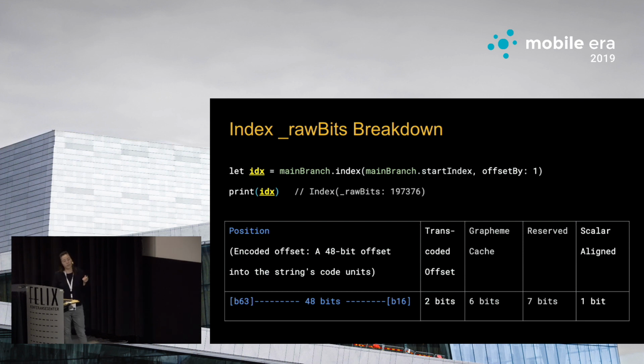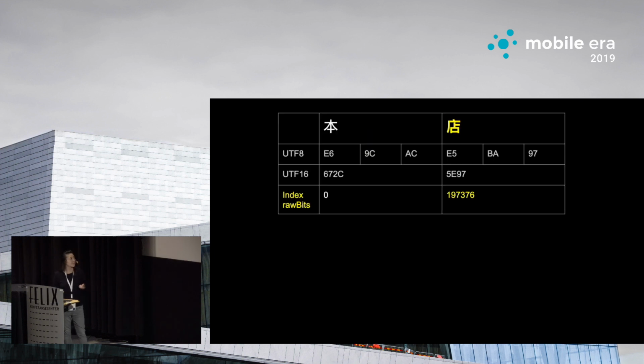The position is a 48-bit encoded offset into the string's code units. What does this mean? If you look at the characters in the branch string closely, each one has 3 UTF-8 code units and 1 UTF-16 code unit. Index is an offset into these code units, represented in raw bits.